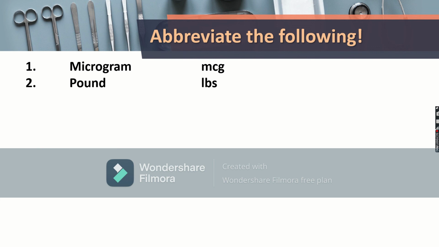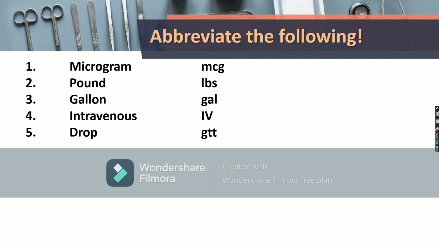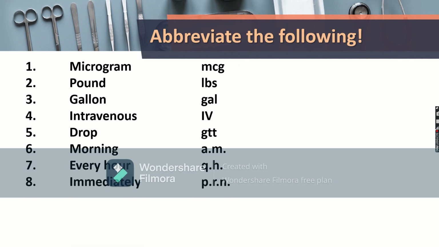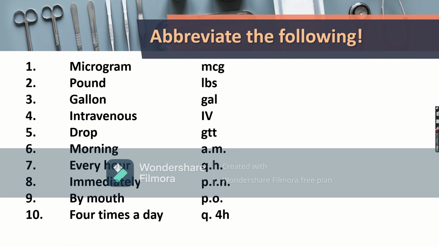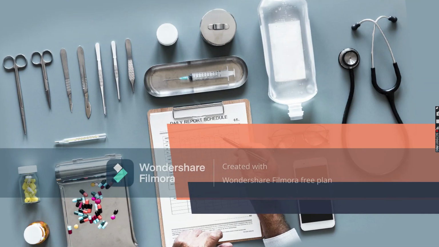Number 1 is MCG. Number 2 is LBS. Number 3 is GAL. 4 IV, 5 GTT, 6 is AM, 7 is QH, 8 is PRN, 9 is PO, and 10 is Q4H.